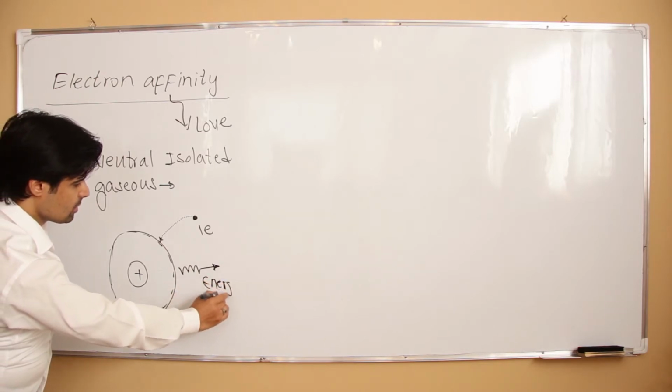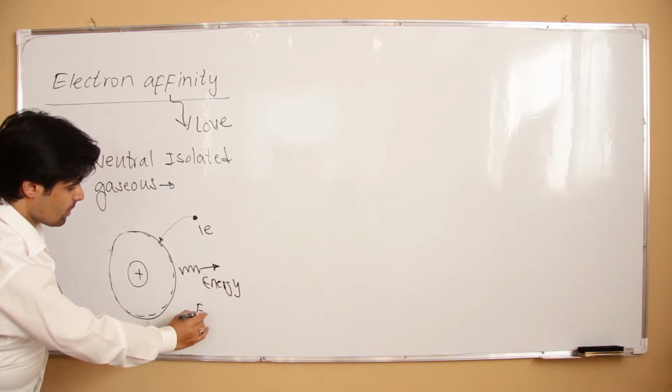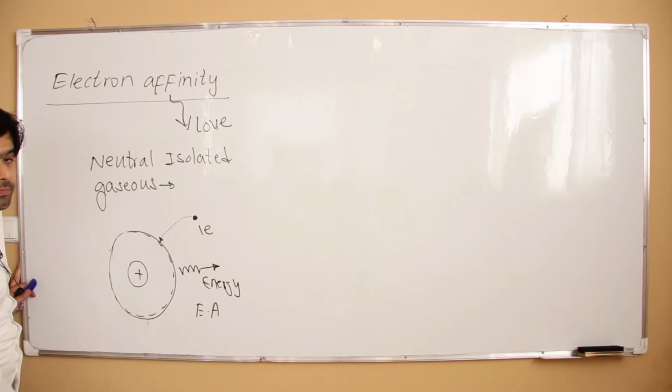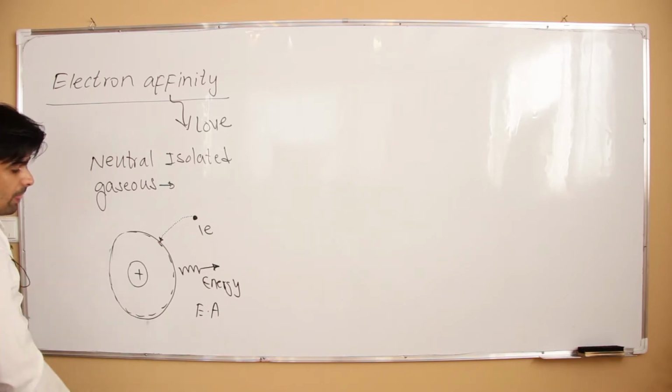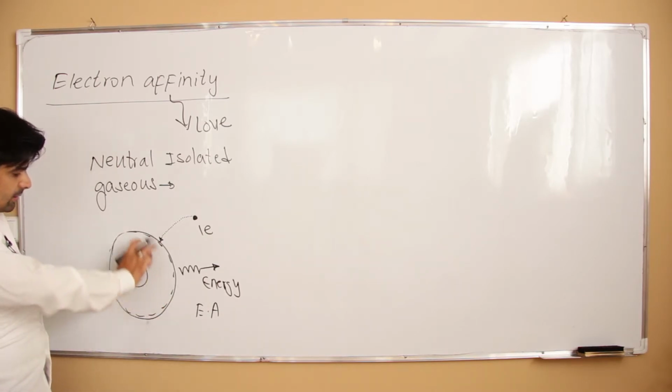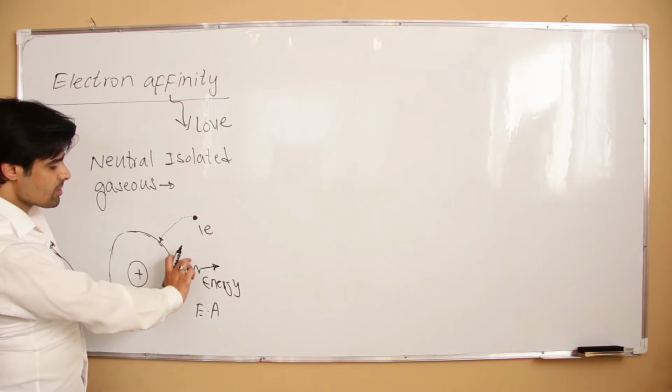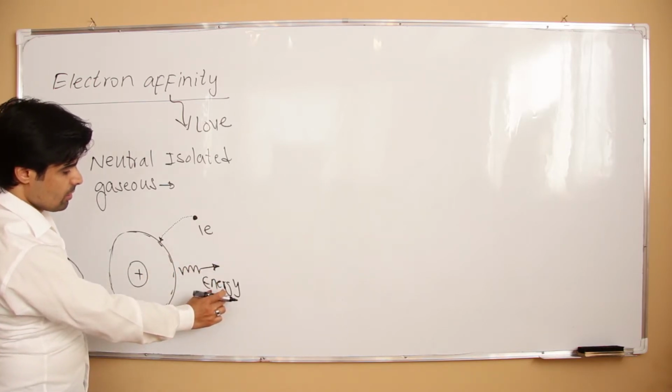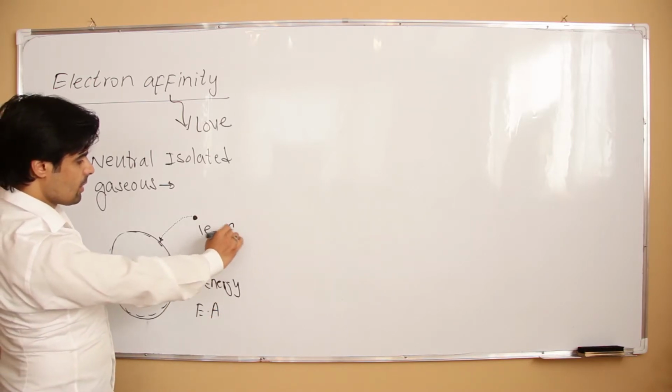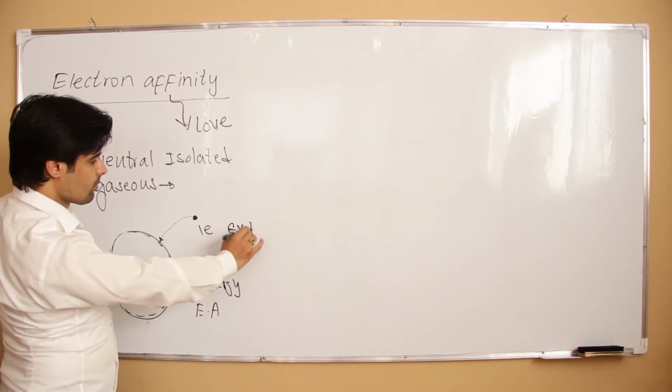This energy is called electron affinity. If this is a system, the system is releasing energy, so it is an exothermic process.